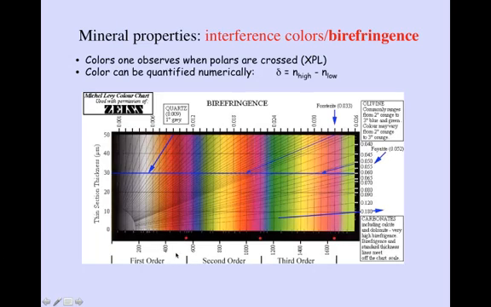The bottom part of this chart is the retardation, and you see values from 0 to 1800. Those are differences in wavelengths between the fast and the slow ray of the light that's passing through the anisotropic minerals.